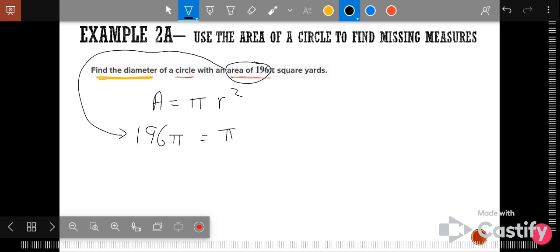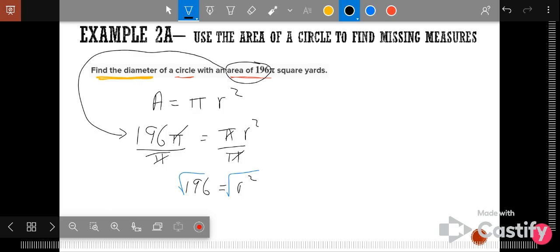196 pi equals pi r squared. We divide by pi on both sides, because that's the first thing I need to do. And they cancel out. So I get 196 equals r squared. And then to get rid of the squared, we square root.